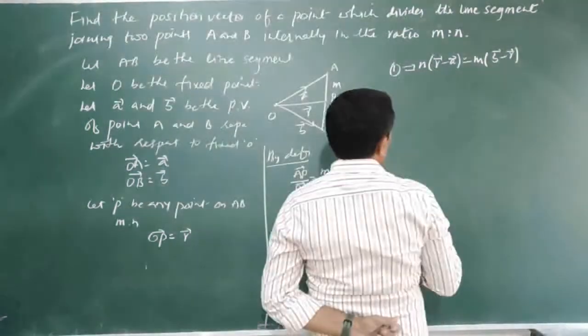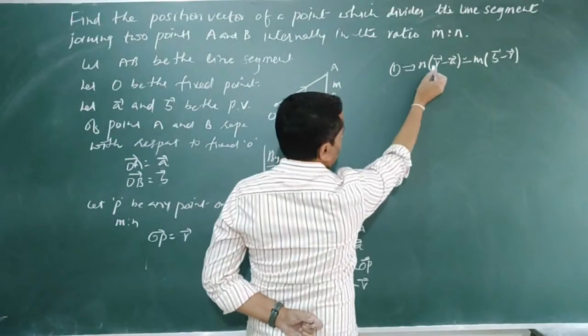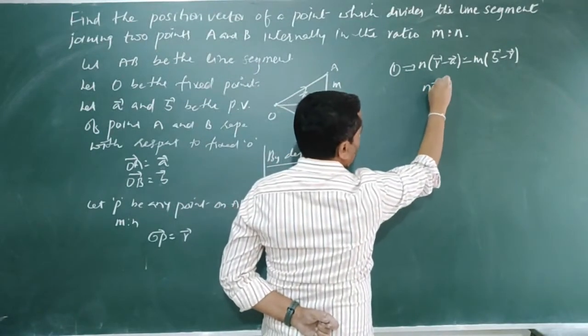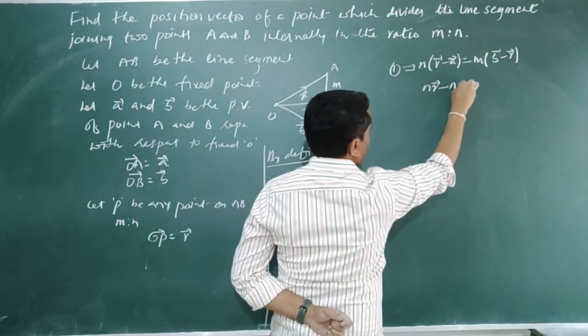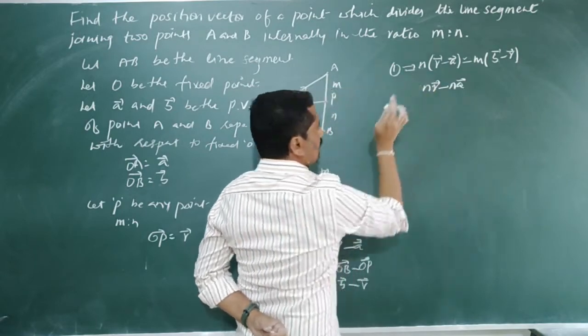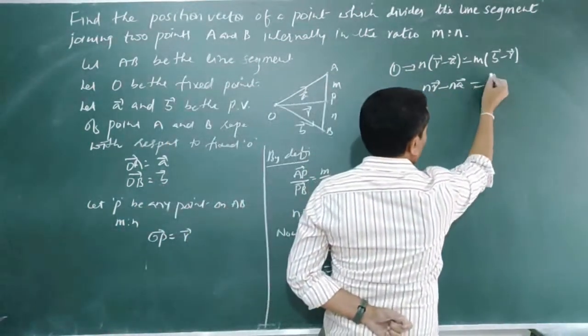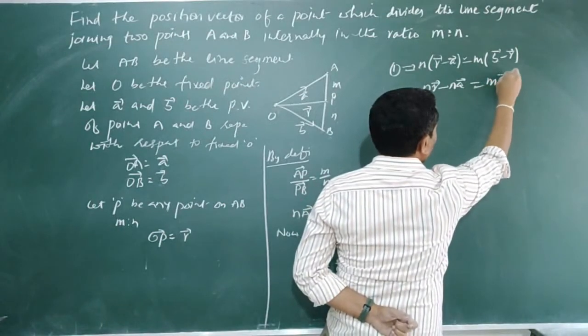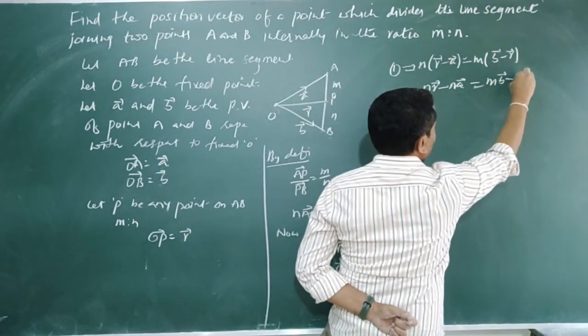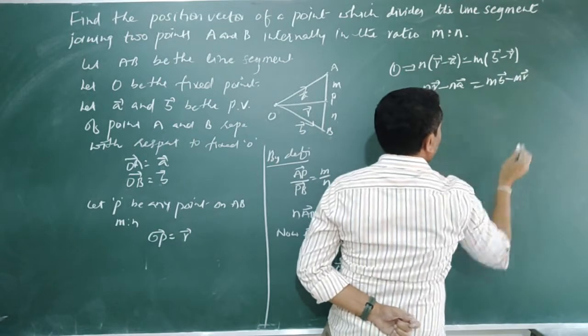Again simplification, n into R bar minus n into A bar, multiplying the scalar to each vector, is equal to m into B bar minus m into R bar.